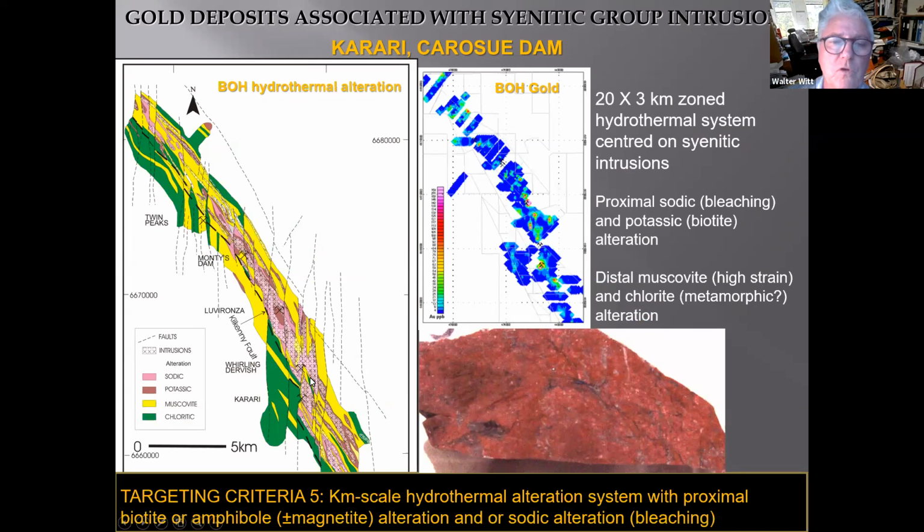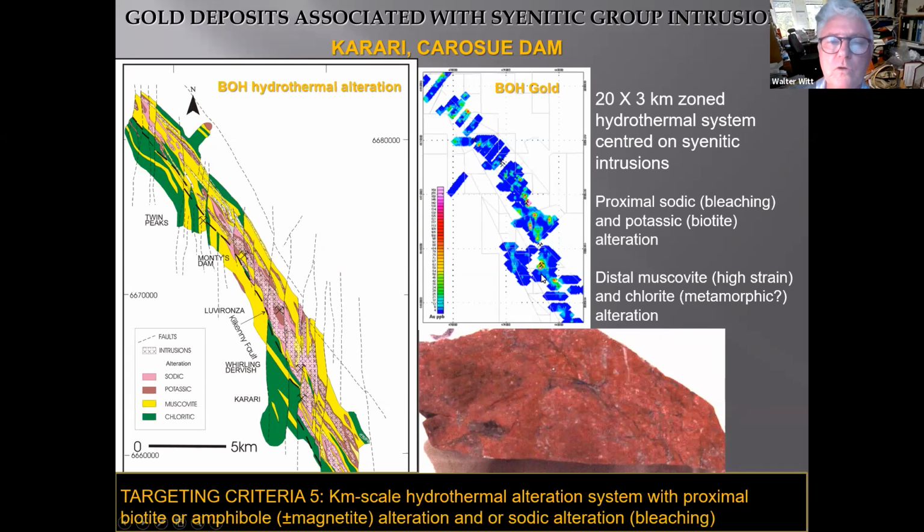Surrounding that central core, there's a zone of muscovite alteration and then distal chlorite alteration. Distal chlorite alteration may be related to metamorphism or regional carbonate alteration, whereas the muscovite alteration zone is barren and has apparently formed by regional strain partitioning around the rheologically strong intrusions and their associated alteration.